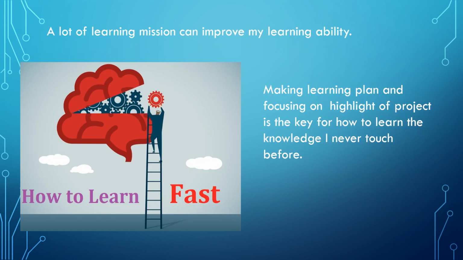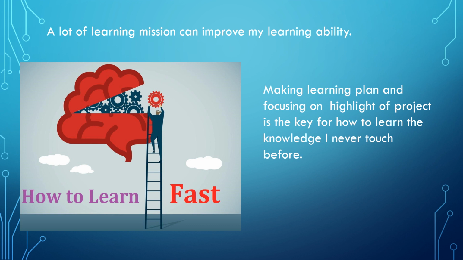Another thing I learned is how to improve my learning ability, because as a system engineer, I have to pay attention to all of the processes. So maybe there is a lot of knowledge I have to learn but never touched before.